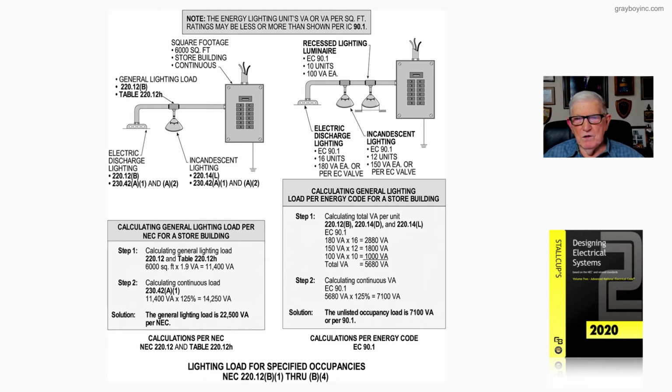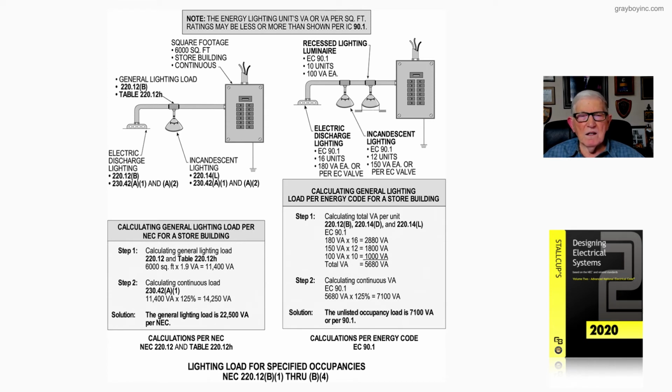You'd have 100 VA at 10, 1,000. Total all that VA, you come up with 5,680 VA. But the energy code 90.1 would say, well, you multiply that by 125%, so 5,680 times 125% would be 7,100 VA that you would use using the energy code.